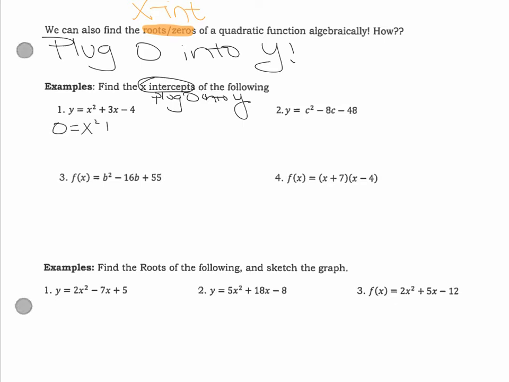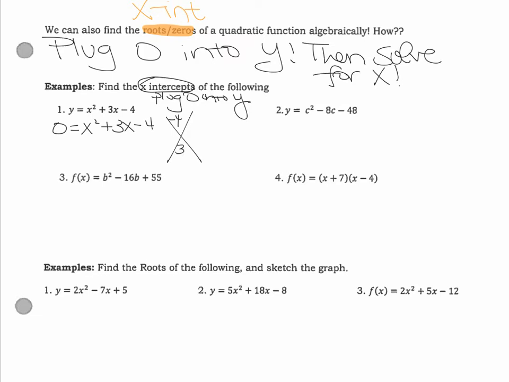0 equals x squared plus 3x minus 4. I then am going to solve for x. So, looking at that equation, how do I solve for x? Light bulb. X is squared. I have to factor. First question you ask yourself, is there a GCF? No. So, X method. -4 goes on the top, 3 goes on the bottom.